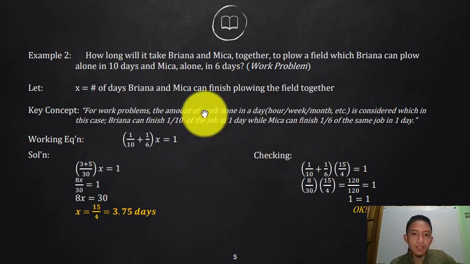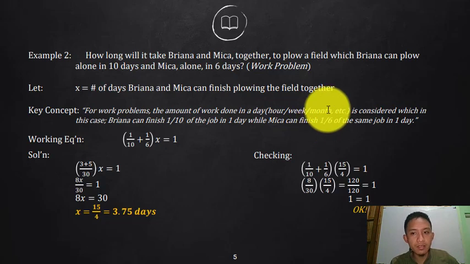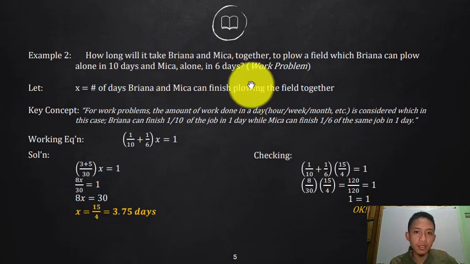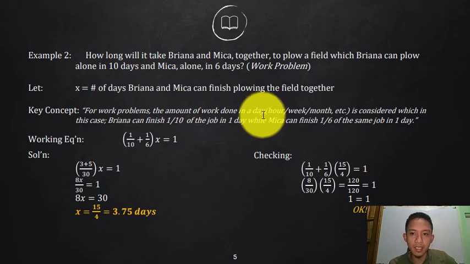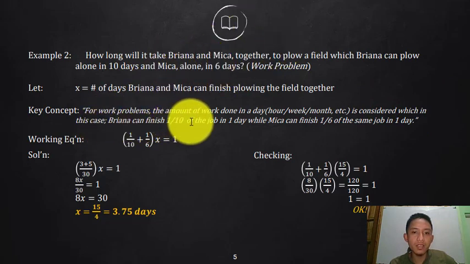For work problems, the amount of work done in a day, if you are talking here of number of days, or the amount of work done in an hour, weeks, or months, whatever the time interval you are considering. But in here, we are talking of days. So we will consider the amount of work done in one day, which in this case, Brianna can finish 1/10 of the job.